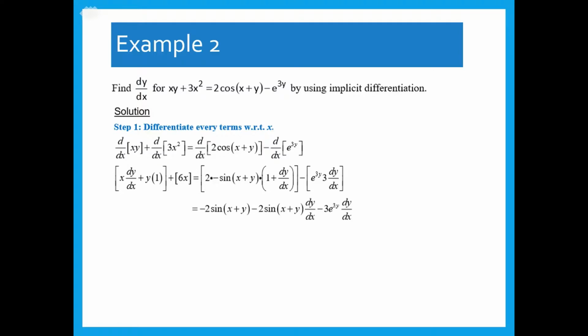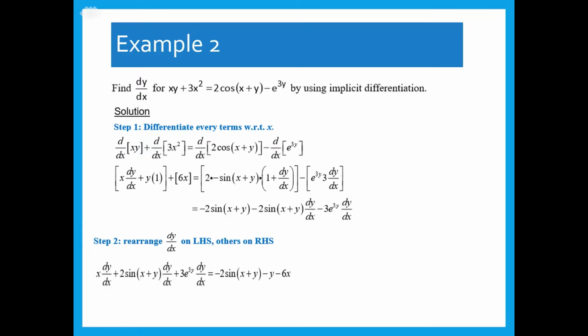Differentiate 3x squared, the answer is 6x. Differentiate 2 cos x plus y, the answer is negative 2 sin x plus y minus 2 sin x plus y dy over dx. Differentiate e to the 3y, the answer is 3 e to the 3y dy over dx.